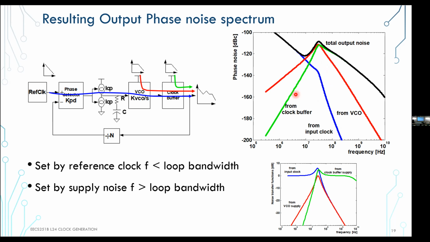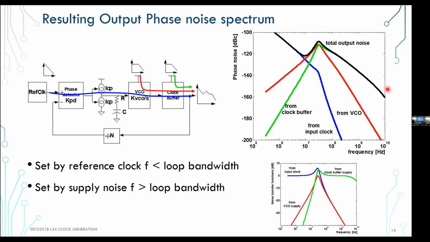And then you have the VCO noise, which is your normal 1 over S, but then the limited roll-off of the supply noise kicks in, and similarly for the clock buffer. So in the end, you get some phase noise that looks like this.